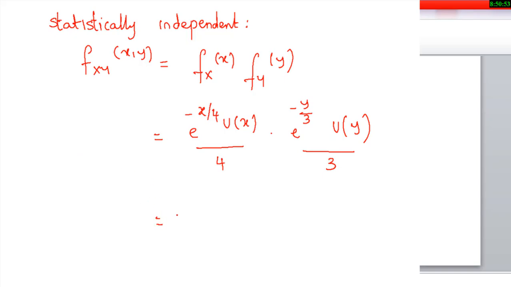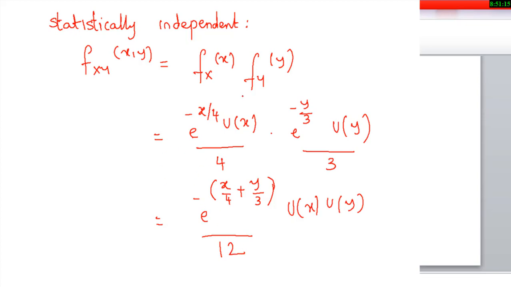So how much is this? E power minus, I can take them common as x by 4 plus y by 3. I have taken this e and this e as common. U of x is there, u of y is there, divided by 4 times 3, which is 12.